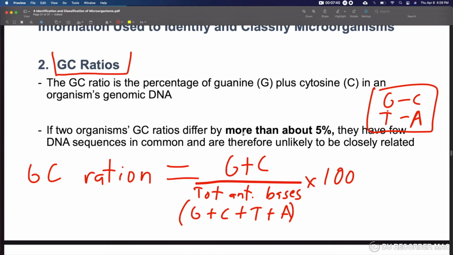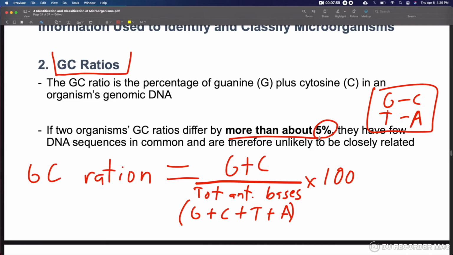And how do we interpret the GC ratios? If the GC ratio difference is more than 5%, we can confirm that they have few DNA sequences in common and therefore are unlikely to be closely related.